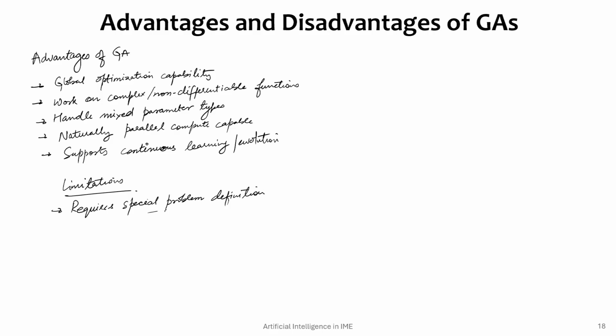So what does this mean is, whatever your problem is, you need to first encode it into a particular fitness function, and you need to define the selection or crossover operators, right. So the problem definition must include the fitness, the encoding of chromosomes, and your operators, right.